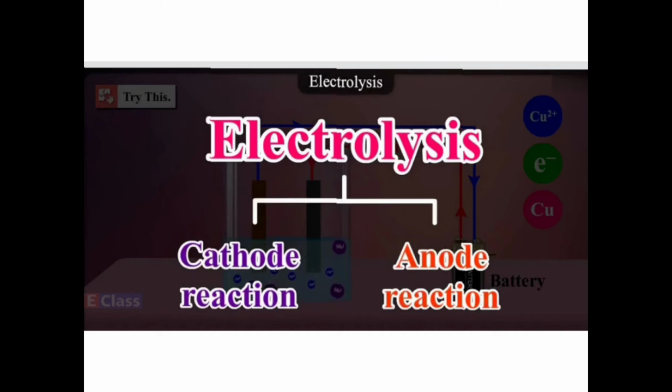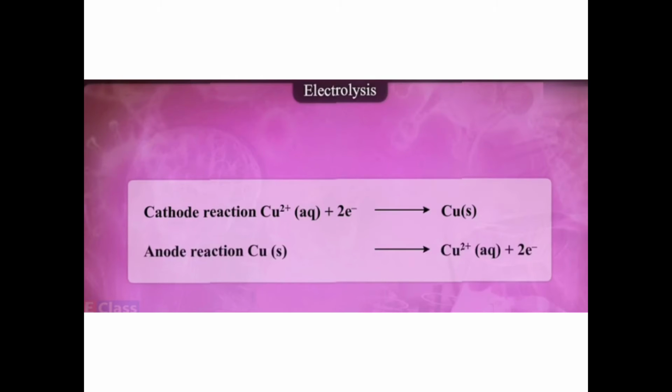So now you can see the reactions at the cathode and the anode. At the cathode it is called the cathode reaction, at the anode it is called the anode reaction. For example, children, here the cathode reaction.